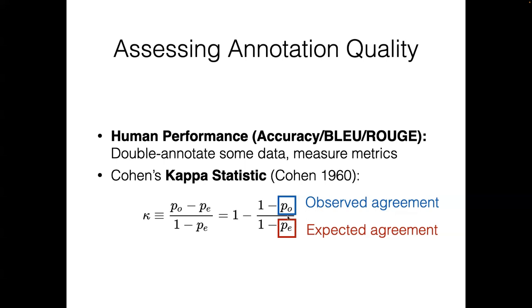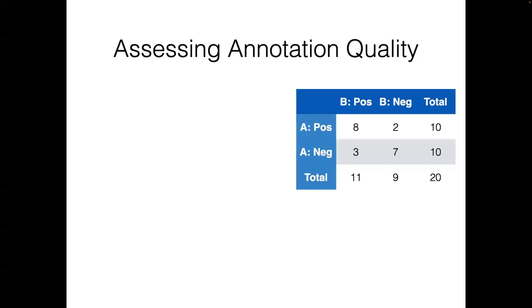You have this notion of the agreement that you observe, and then the expected agreement based on how often an annotator gives a positive label or a negative label. Let me walk through an example and hopefully this will make it clear. Here you have this contingency table again, and now we're looking at whether annotators agree on labels.